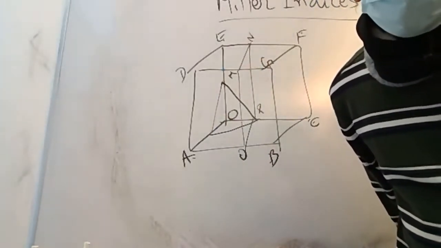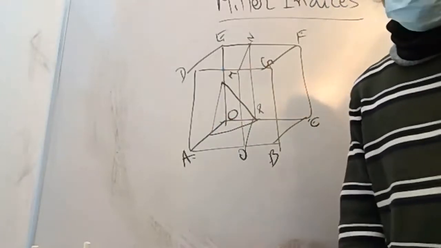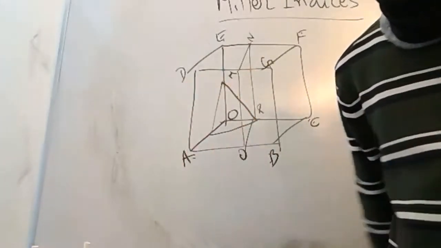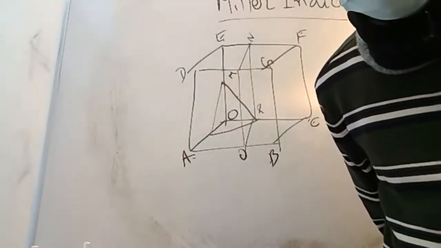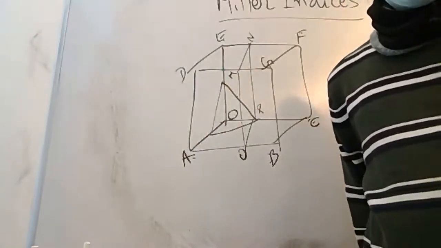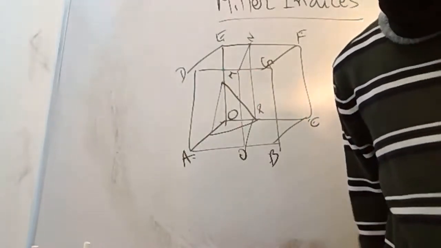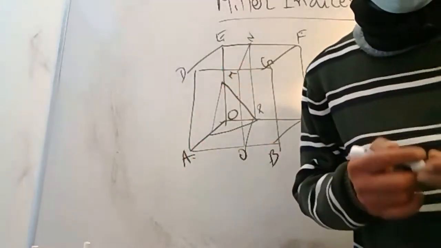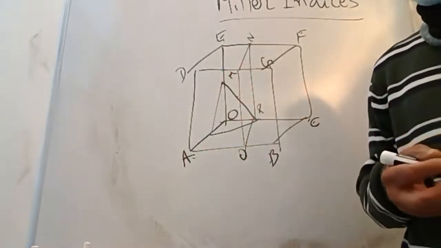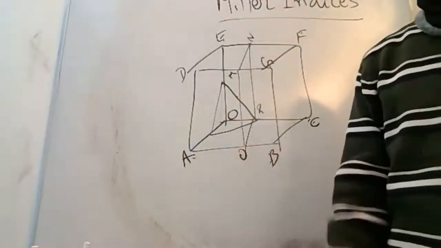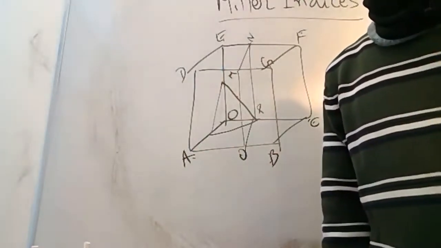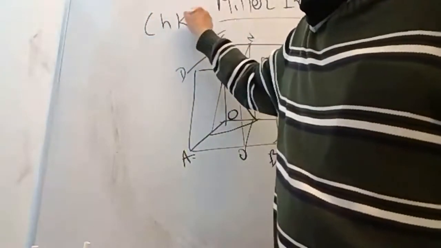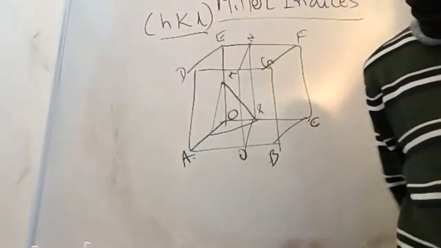Now, the reason why these planes are important is because in different crystal structures, we encounter different atoms on different planes. So to solve the structures of crystals, we need a system through which we can define the planes within the unit cell and assign a number. According to Miller indices, any crystallographic plane in a solid can be represented by three integers called h, k, and l, lowercase.